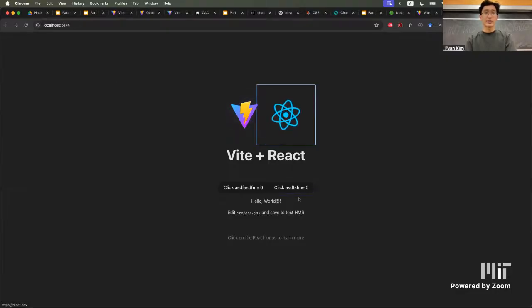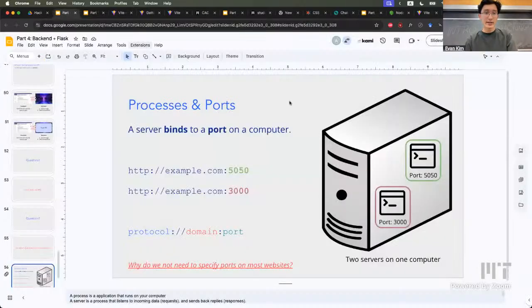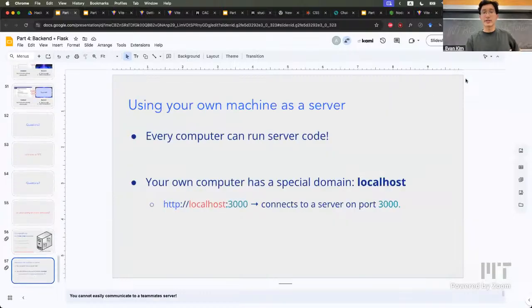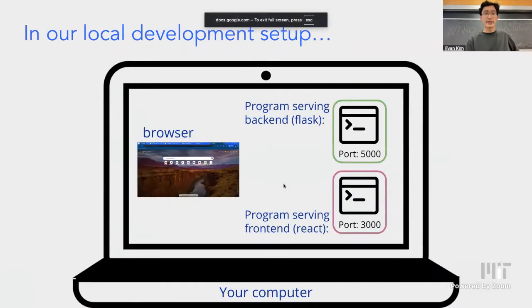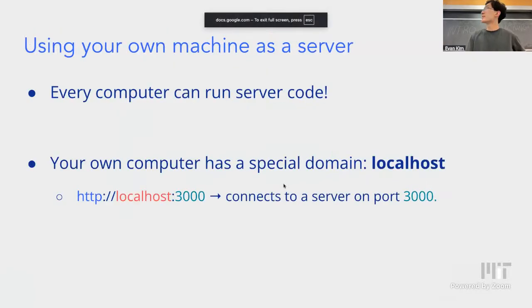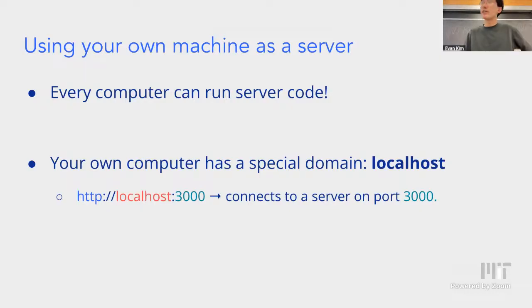But yeah, that's processes and ports. Here's what I just said. Localhost is the same as 127.0.0.1. Everything is completely local. It's another matter to be able to display your server and your website to the cloud.